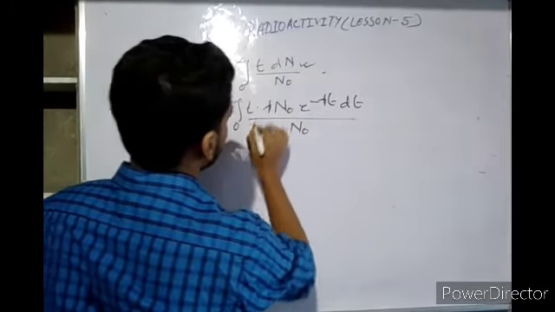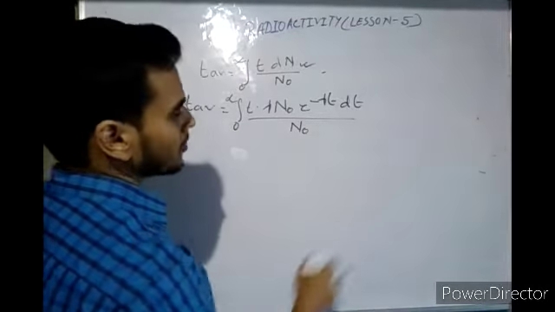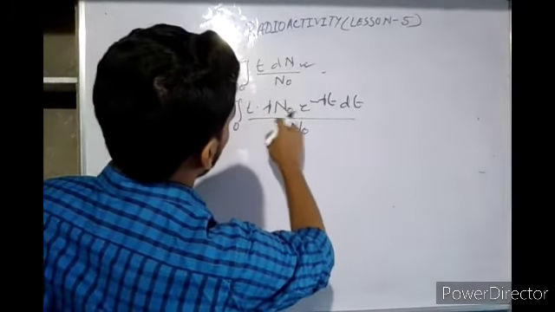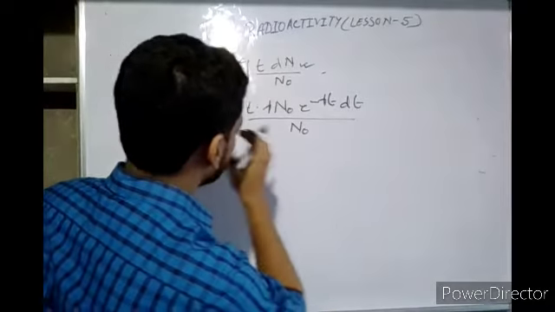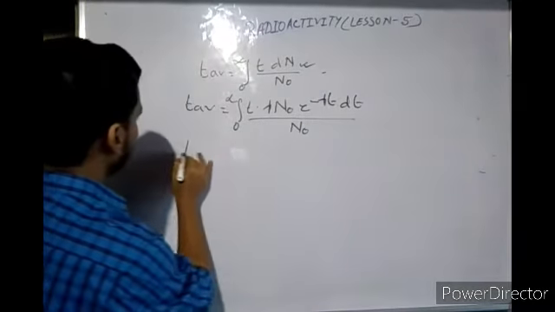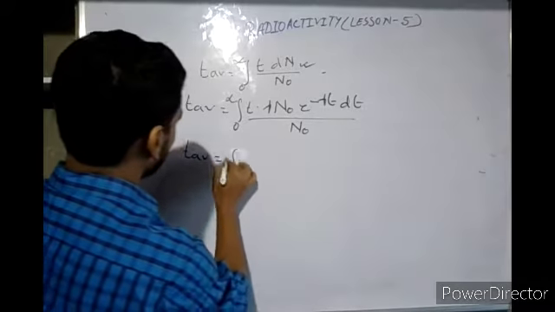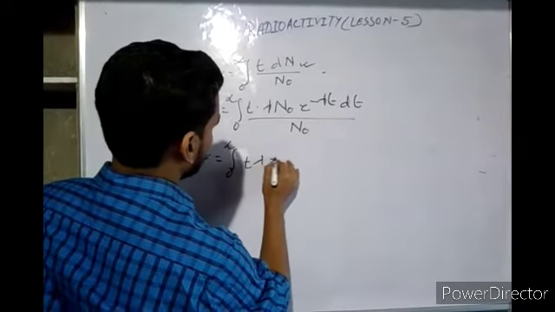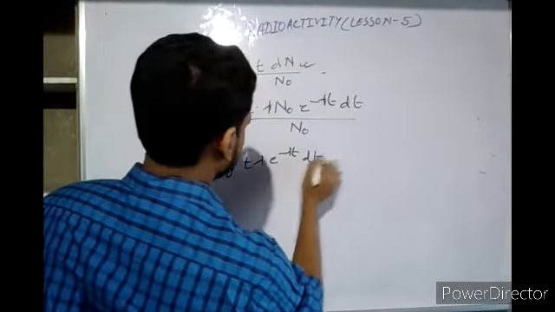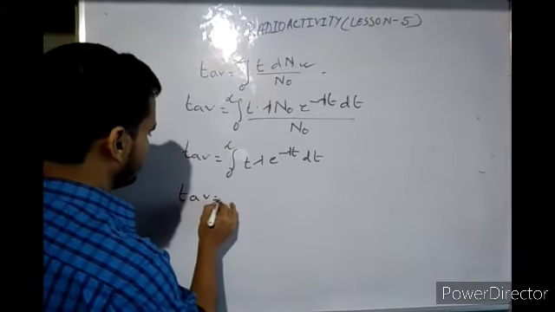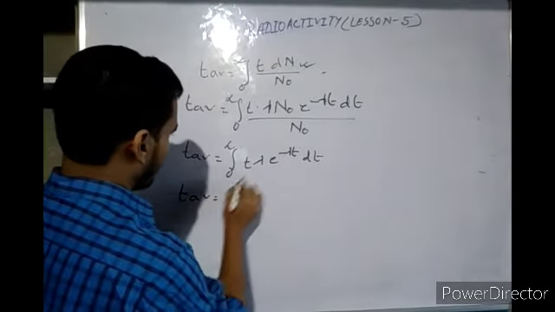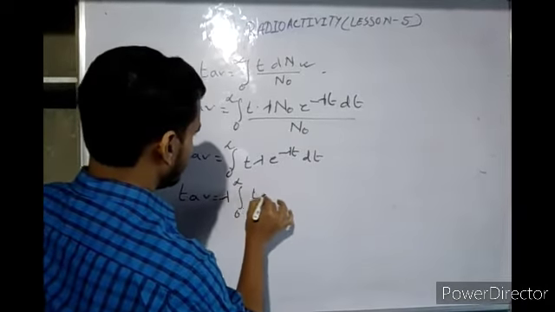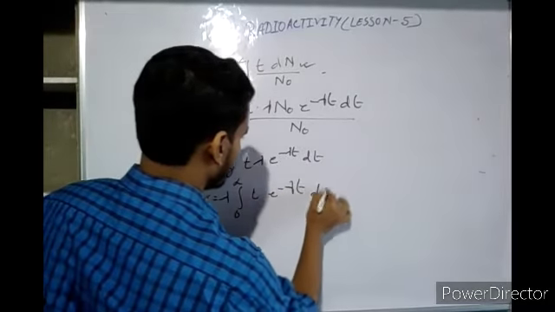Here one negative sign is eliminated because the number of nuclides is positive and is decreasing with time t. Here N0 is cancelled, then T average will be the integral from 0 to infinity of t lambda e to the power minus lambda t dt. Lambda is a constant, so it is outside of the integration: lambda times the integral from 0 to infinity of t e to the power minus lambda t dt.